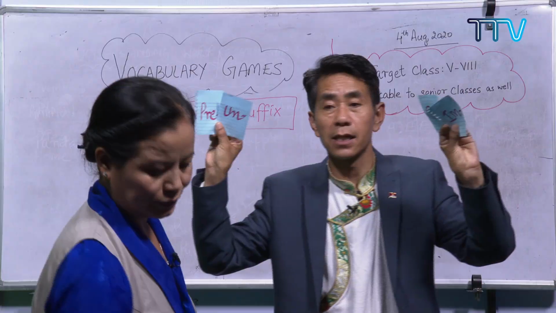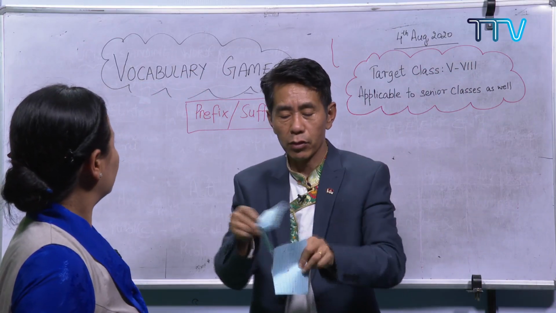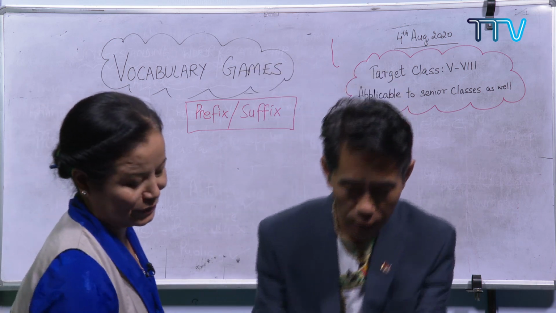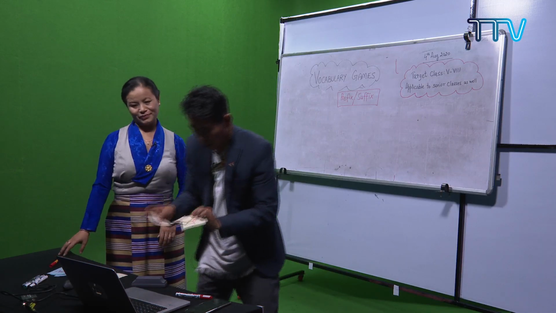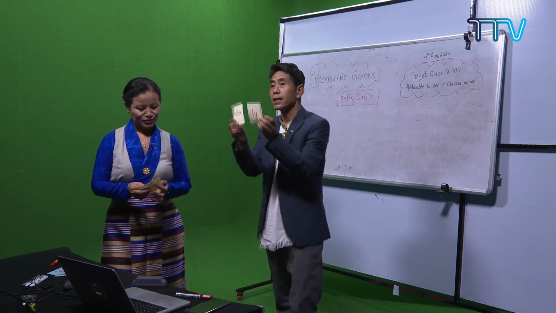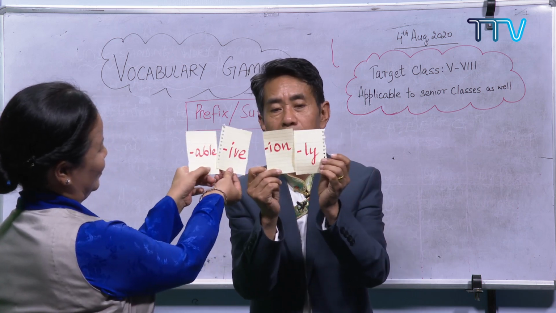So these are the prefixes that we have, Gela. We are going to shuffle this, and then you're going to pick one. So this is the prefix, and these are the suffixes. Can you hold this for me? Sure. These are the suffixes.